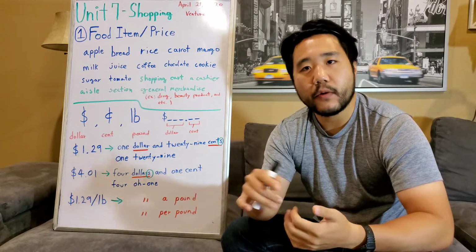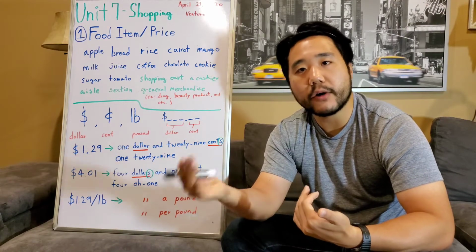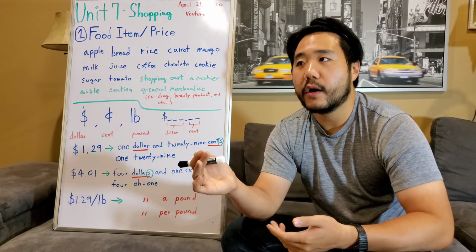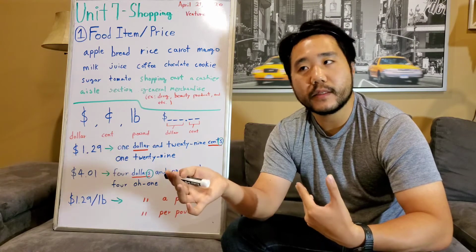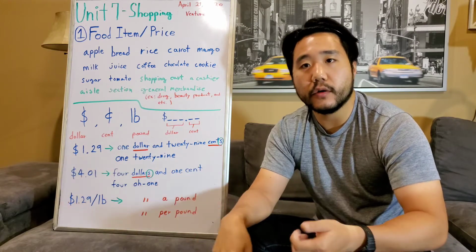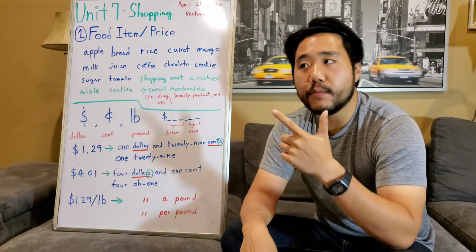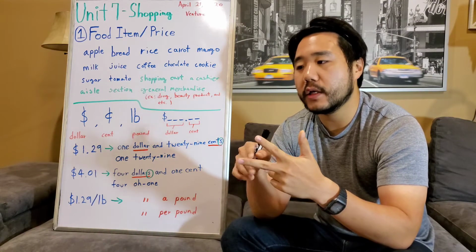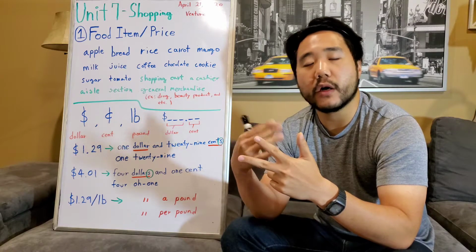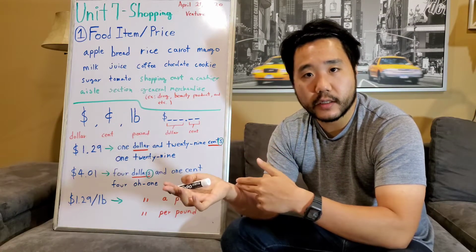For example, we have a dairy section. Dairy is where any food items made with animal milk are. Milk in general, cheese, and yogurt are included in what we call the dairy section.